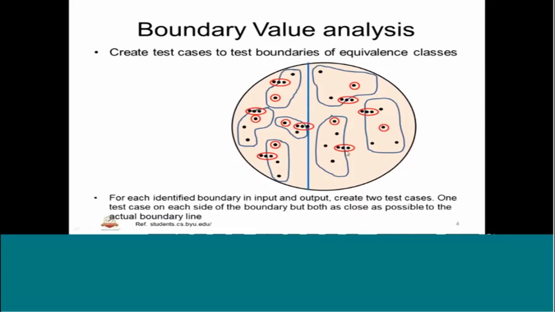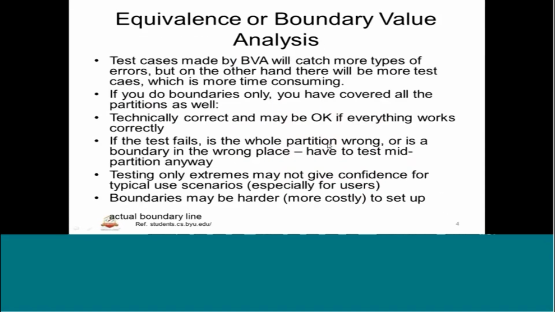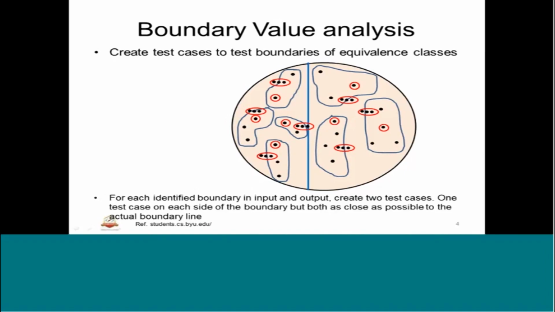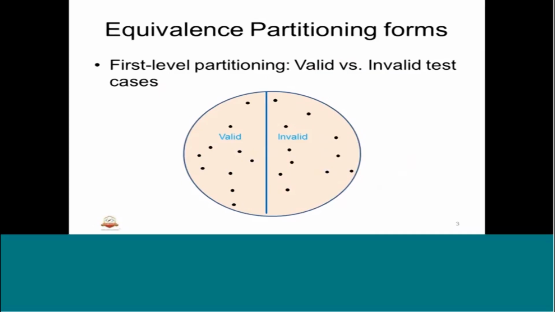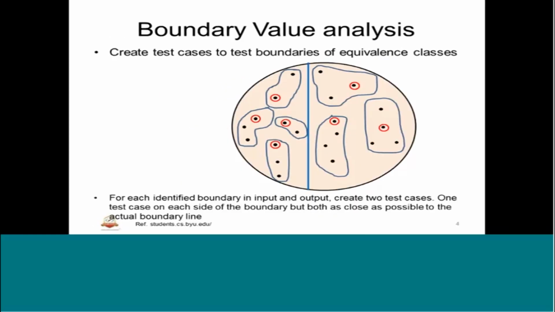One for the low, one for the high, or it could be one for the negative, the other one for positive, or one for the below, another one for the above. So likewise we are going to have boundary values defined. So I will repeat again. We have a valid and invalid classes partition defined. We are going to define them as equivalence classes valid and invalid.